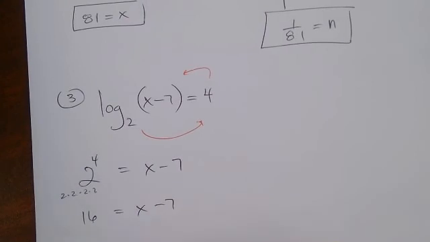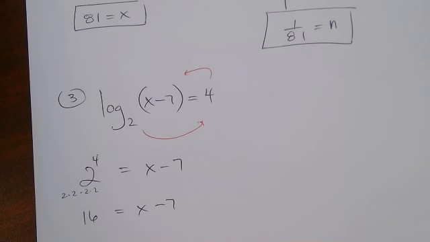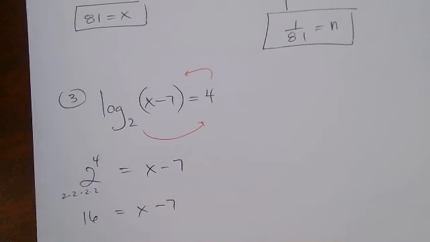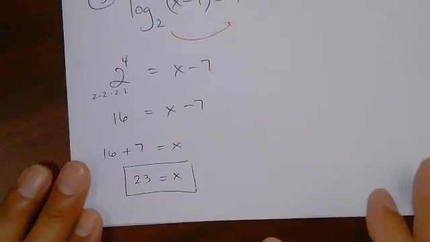Is the answer 16? No. You've got to solve for x. This one we do have to solve for x. X is going to be whatever 16 plus 7. When this negative moves to that side, it turns positive. Don't be doing it in your head. You're going to get the answer 23.